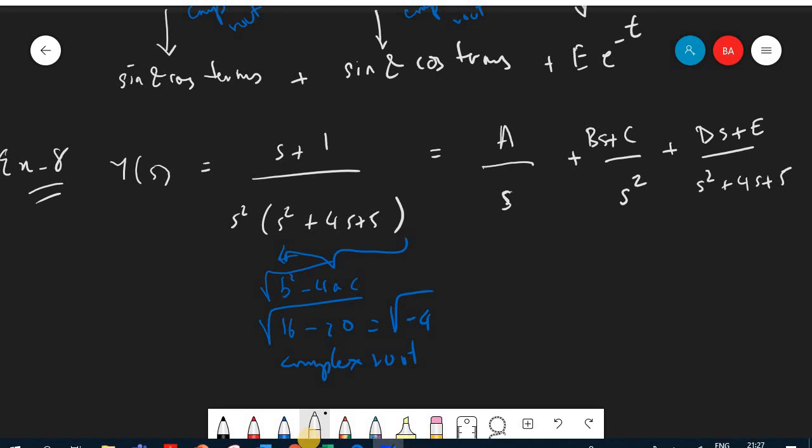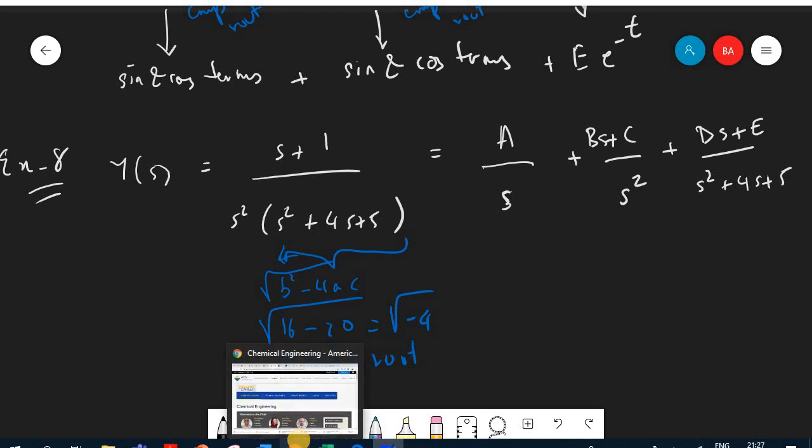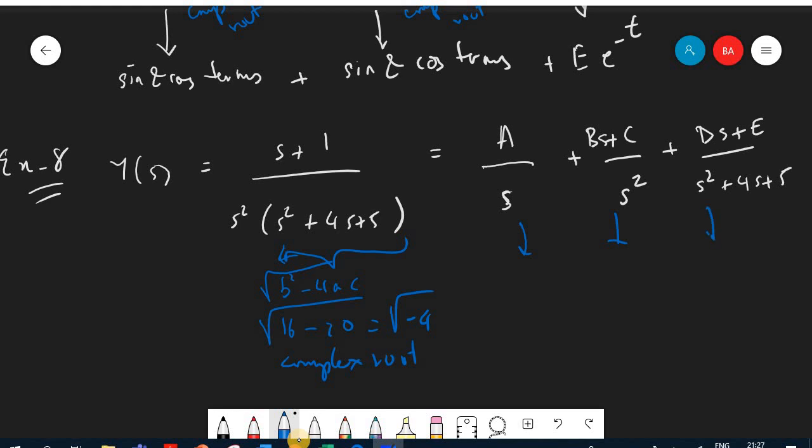That is what we have here. And if you want to look at the solutions, for the first one, it will be just A. And for the second one, I have something confusing here, because Bs over s squared is B over s, so the answer will be B, plus C over s squared.